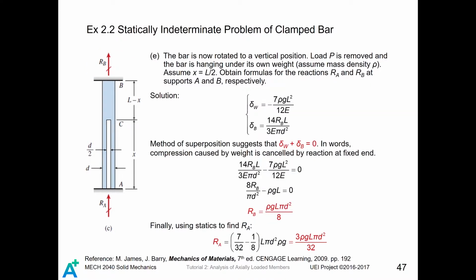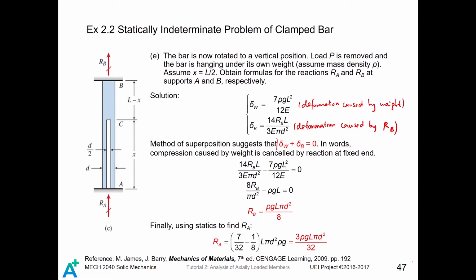By combining the deformation caused by weight and the deformation caused by RB, using the superposition compatibility, which means the deformation caused by the weight plus the deformation caused by RB should be 0 because B is a fixed end, which means the length of the bar is not changed at all, this yields this superposition equation.